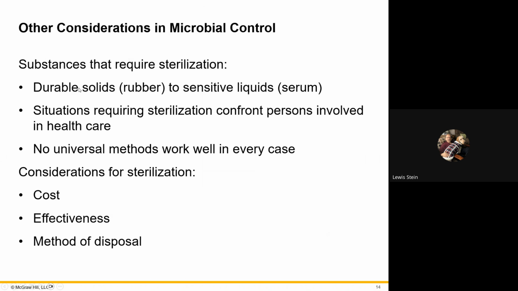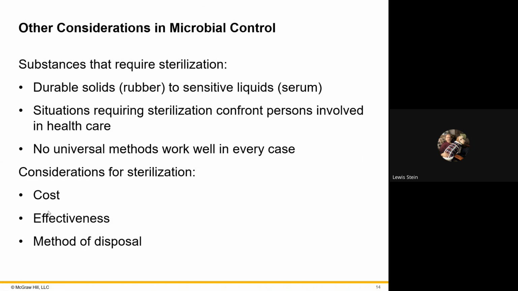Okay. Substances that require durable solids, sensitive liquids, you can sterilize liquids. Doing it all the time. Those plates you're using in the lab, when they pour, they're liquid, and they're solid now because when they cool, they solidify. Liquids, we have a great big sterilizer in the room next to the micro lab. There's nothing that works for everything. You don't generally have to think about it.